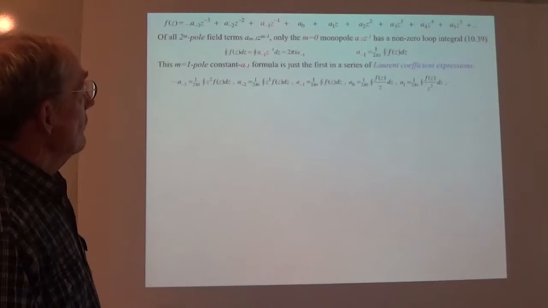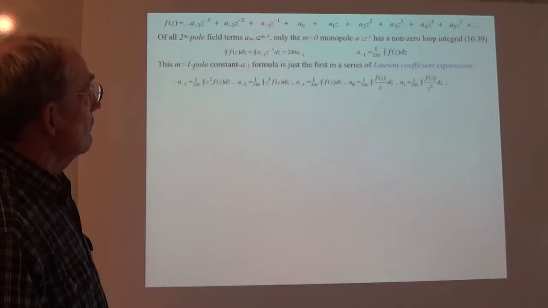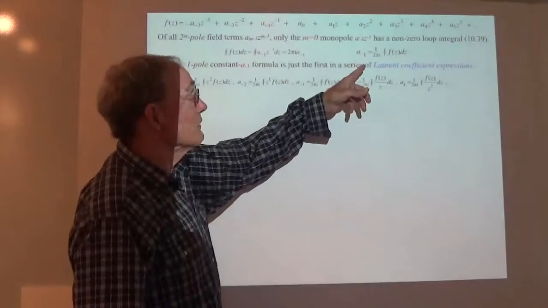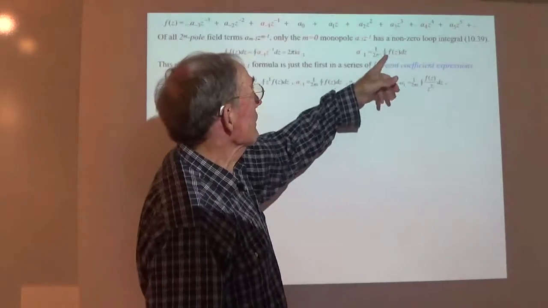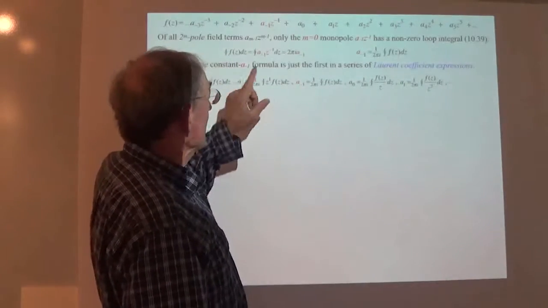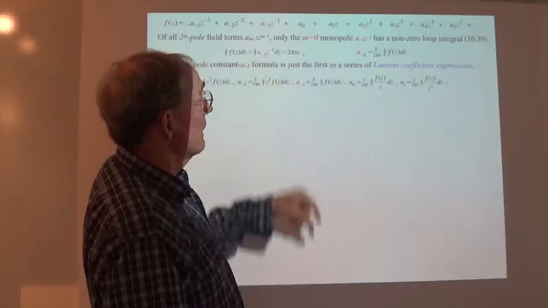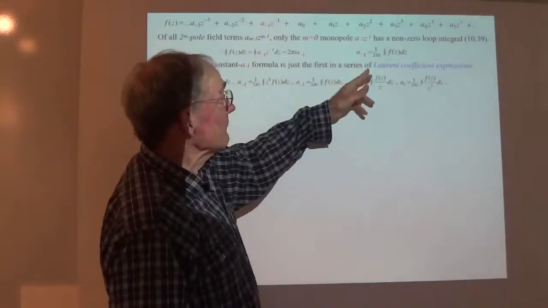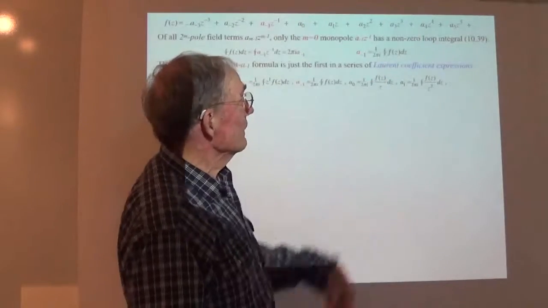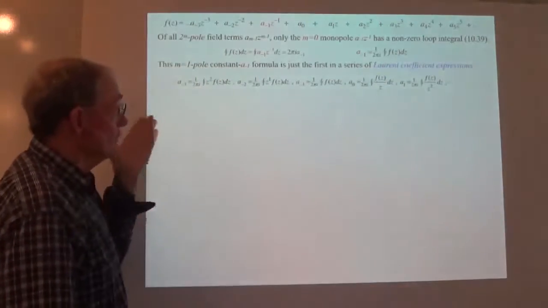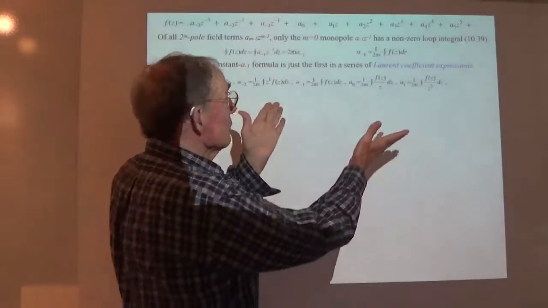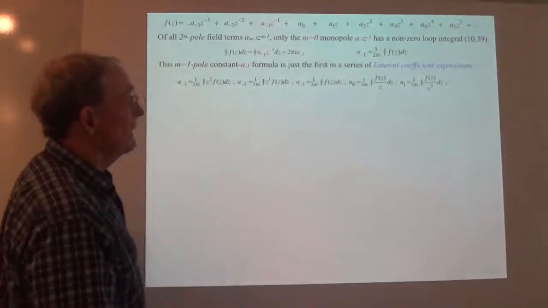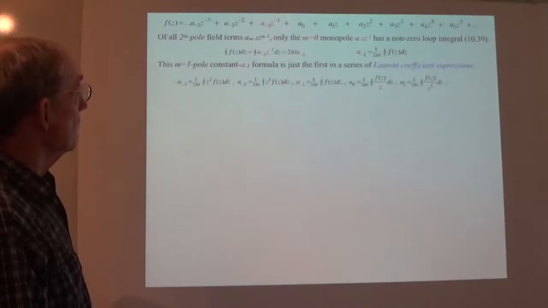So this formula for the non-zero contour integral associated with f of z being z to the minus 1 power is just the first in coefficients of a Laurent series. Laurent series is a Maclaurin series that has a back end that has powers that are negative values as well as positive.